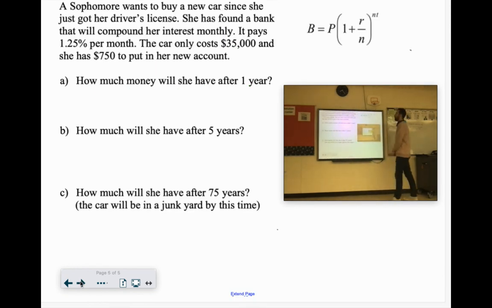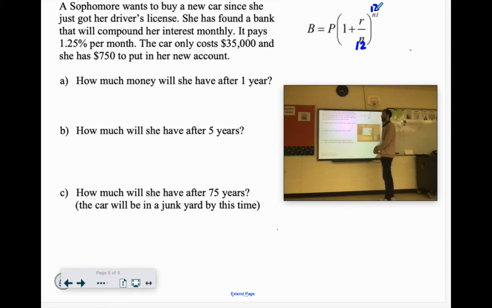A sophomore wants to buy a new car since she just got her driver's license. She found a bank that will compound her interest monthly. How many months are there in a year? 12. So our N will be 12. It pays 1.25% per month.